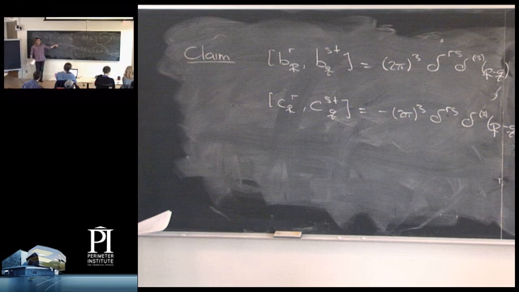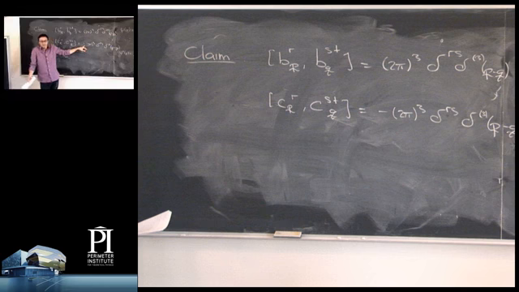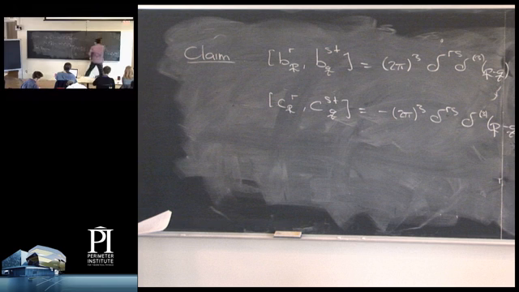Nothing wrong with it at the moment, but it's different from the B's. And it's different from what we had for the scalar field. There's a minus. You might think that's okay, we'll just redefine C and C dagger. What's the next step?